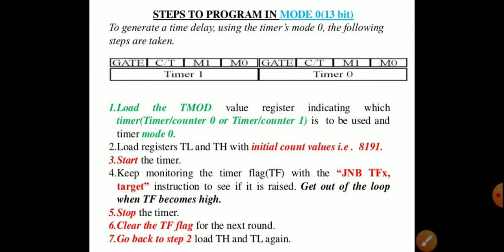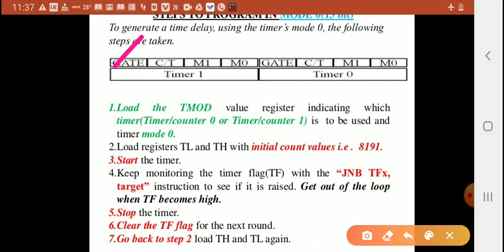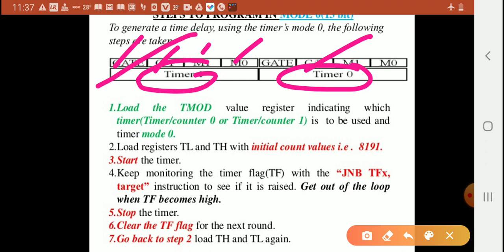Steps to program in mode 0, 13-bit. To generate a time delay using timer mode 0, the following steps are taken. Gate, C over T, M1, M0, gate, this is timer 0 and timer 1, low and high.